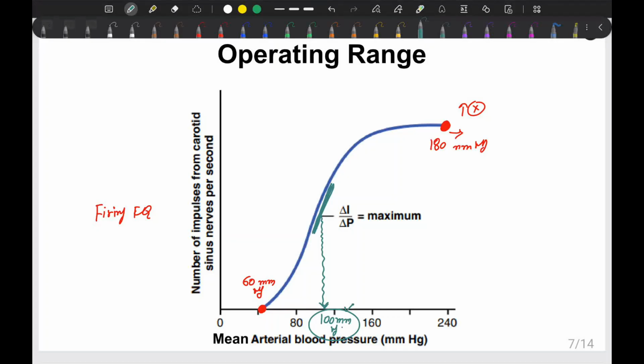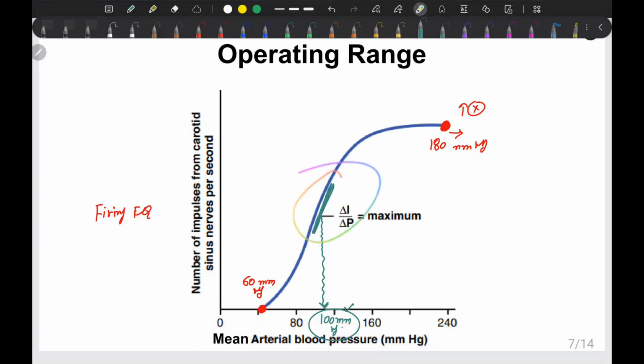So whenever you change the pressure a little bit here, there will be a high response, a high firing from the baroreceptors. So at around 100 millimeter of Hg mean arterial pressure, your baroreceptor is highly sensitive and you are getting this steep.